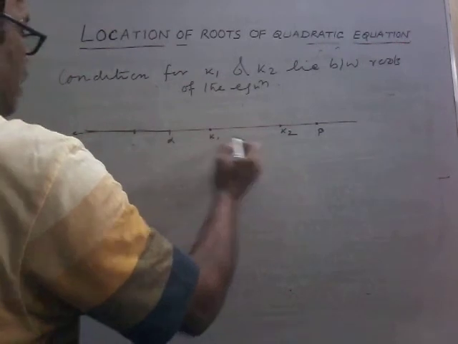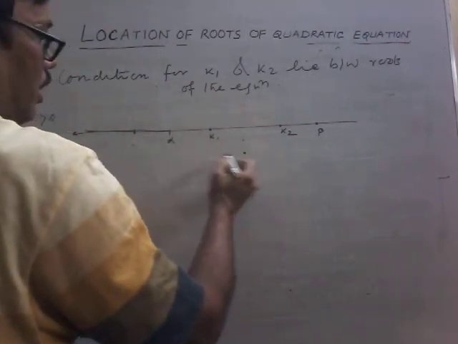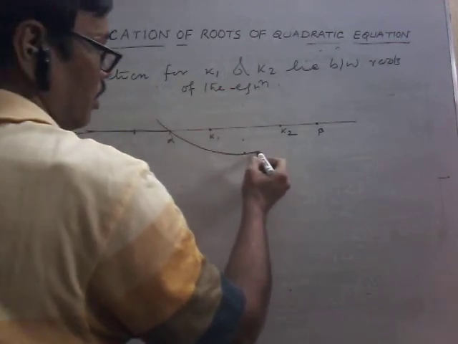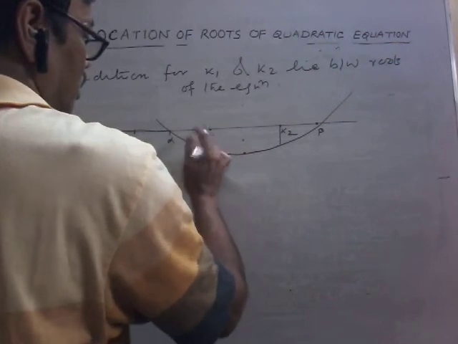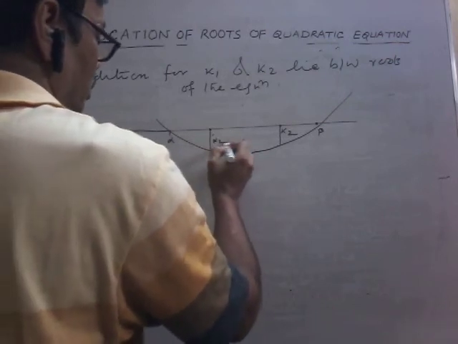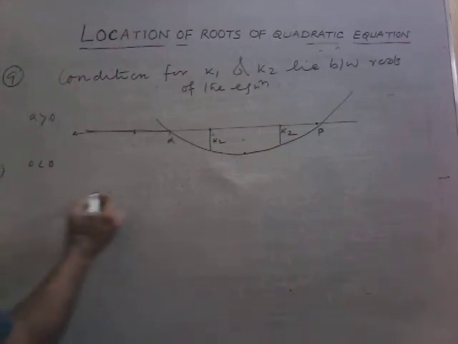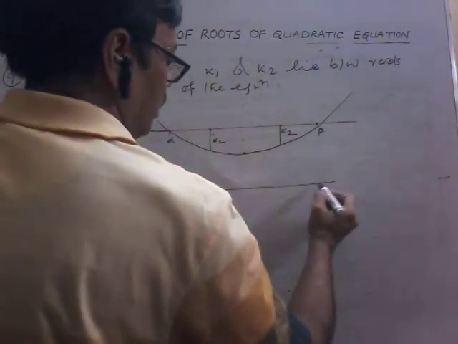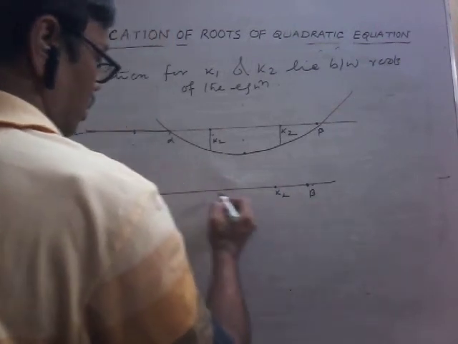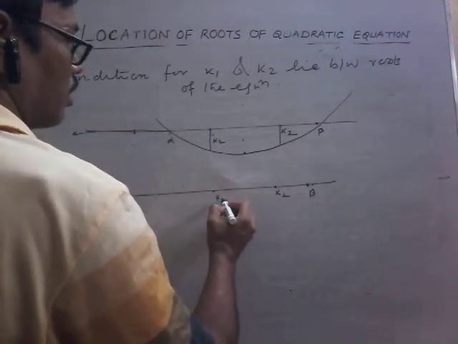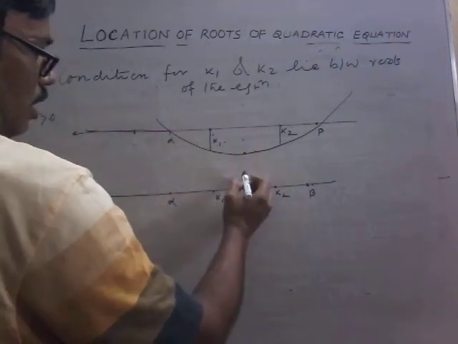So a greater than 0. The figure will be like that. This is fk1, this is fk2, and for a less than 0, what we are getting: this is beta, this is k2, this is k1, and this is alpha.